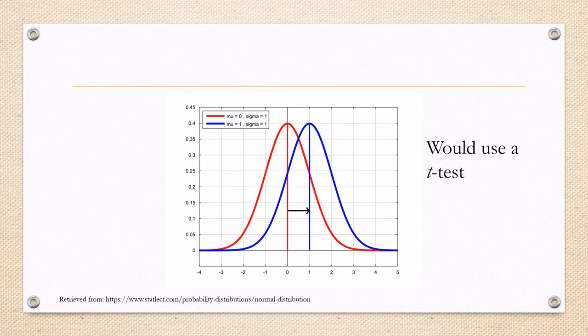So let's look at an example. If the red distribution here represents an experimental group, and the blue distribution represents a second group, so group 2, we can see that there is an observed difference in the means. One lies at 0 and the other lies at 1.